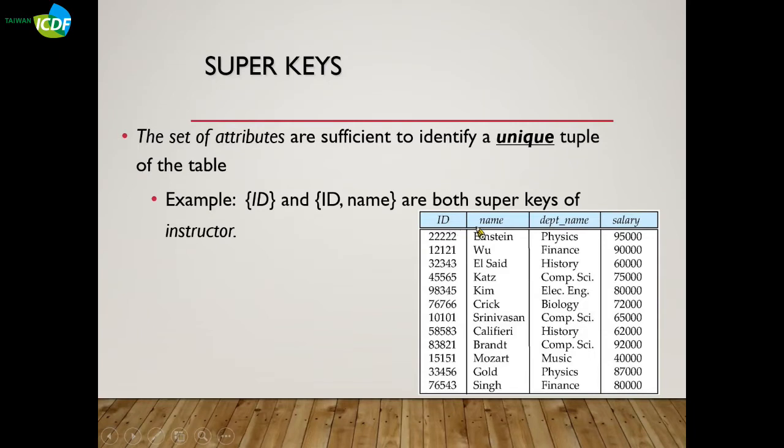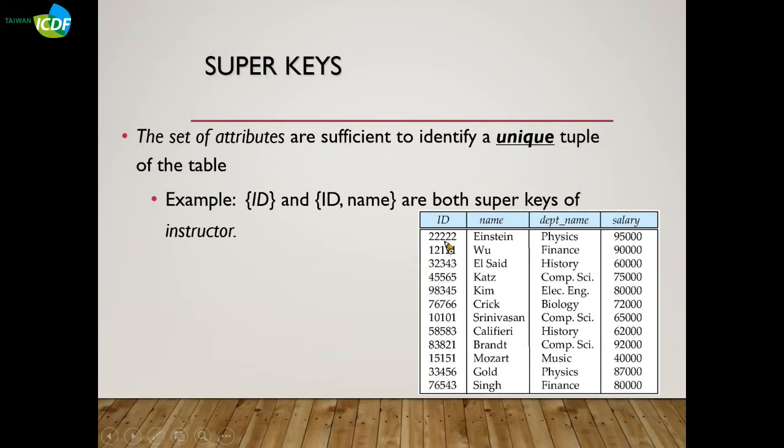In this table, if we want to find out a unique tuple, we can use ID or a combination of ID and name to find out the unique tuples. The reason why ID can be used as a superkey to help identify the unique tuples is because ID values are not duplicated.